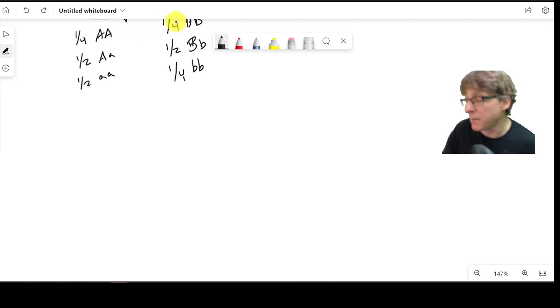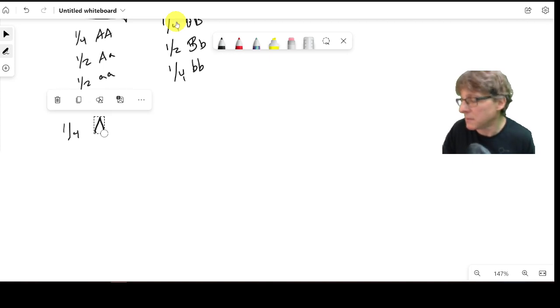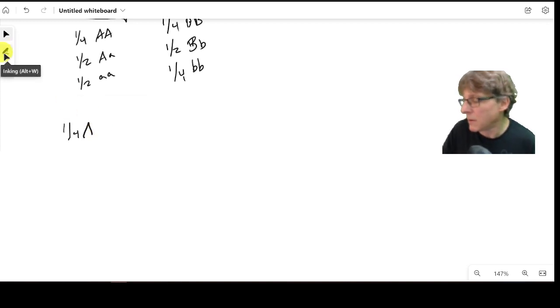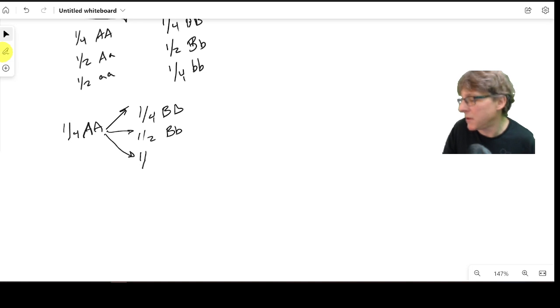We can use the fork line method here, in which we have a 1/4 possibility of getting big A, and this could be with a 1/4 probability of big B, a 1/2 probability of big B, little b, and a 1/4 probability of little b.